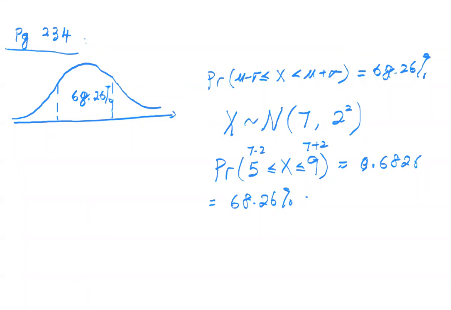So how am I going to use my graphic calculator to do it? Please go to second, DISTR. Tell me which one to use, the first one or the second one?